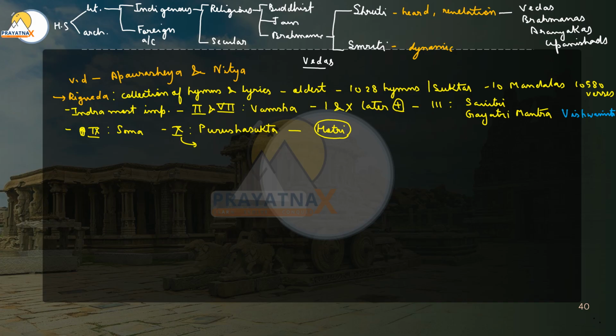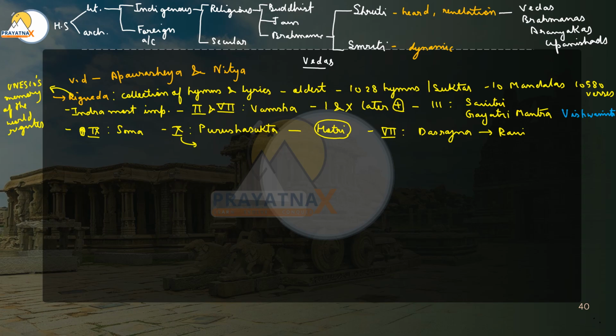Now, another thing here would be that Rigveda is also added in UNESCO's Memory of the World Register. And lastly, that the 7th mandala talked about the Dasrajna War, which was fought near Ravi River.